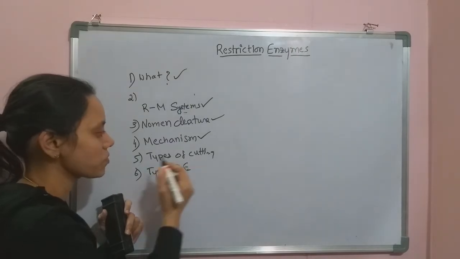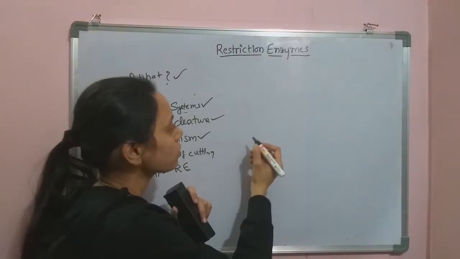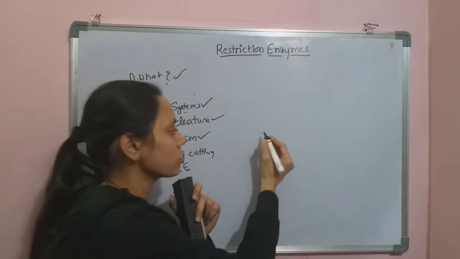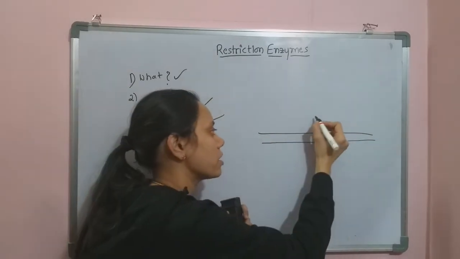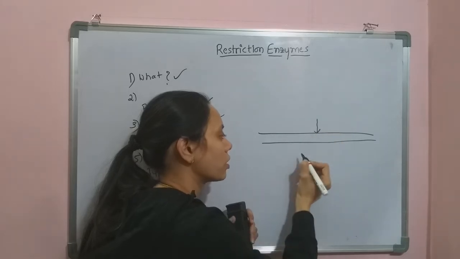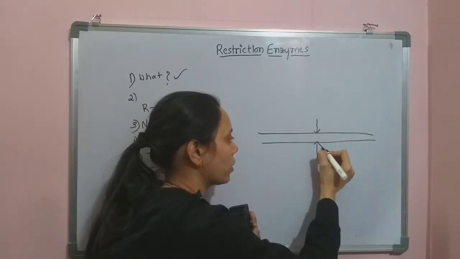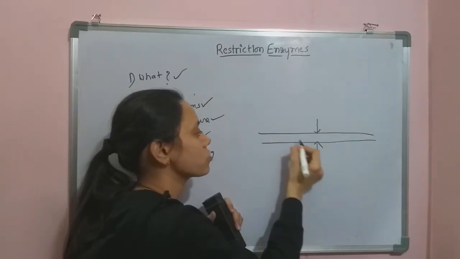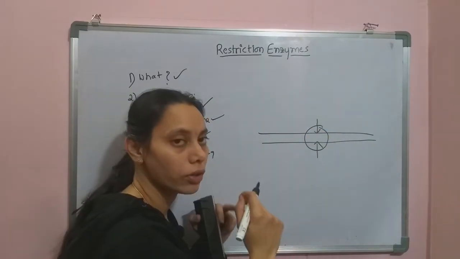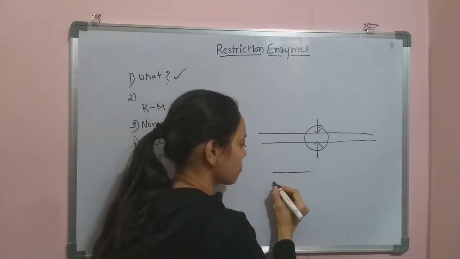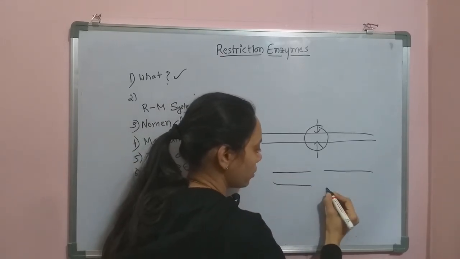Coming to the next, types of cutting. So generally restriction enzyme, let us consider it as a DNA. If a restriction enzyme is able to cut at the same point in the two strands of the DNA, okay, at the same nucleotide position, then the cut will be blunt ended.